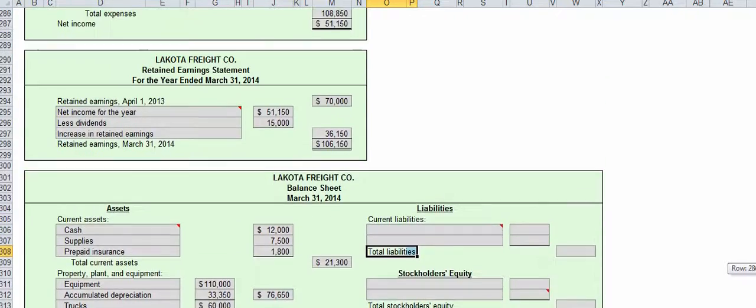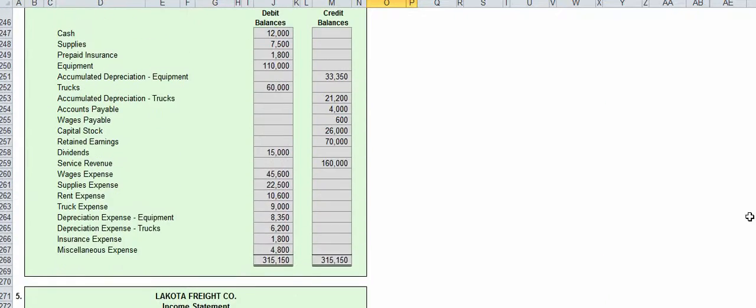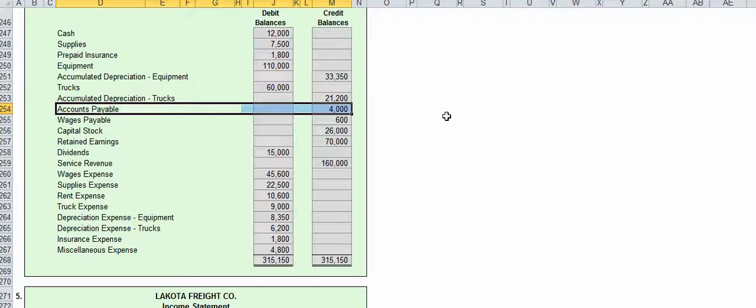So let's look for our current liabilities. Those will be ones we'll pay within 1 year. Well, accounts payable: our vendors would be pretty upset with us if we did not get them paid within a year. Usually we have 30 or 60 days to pay vendors on account. So accounts payable is 4,000.